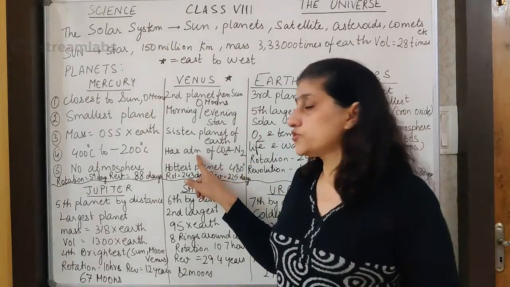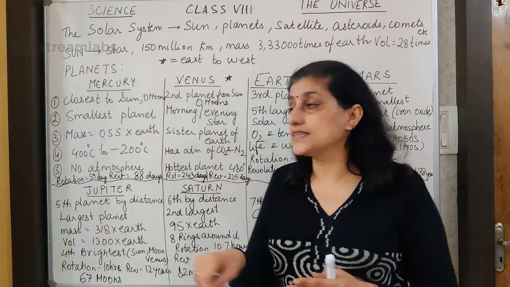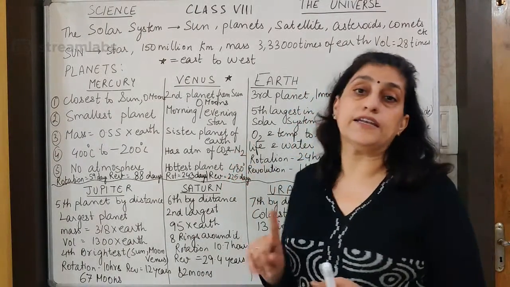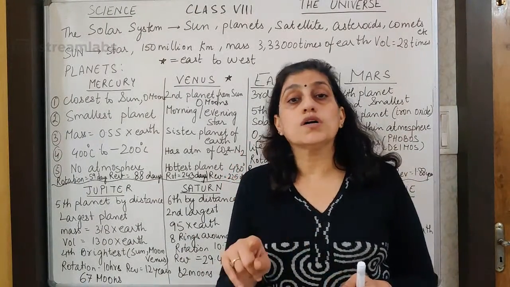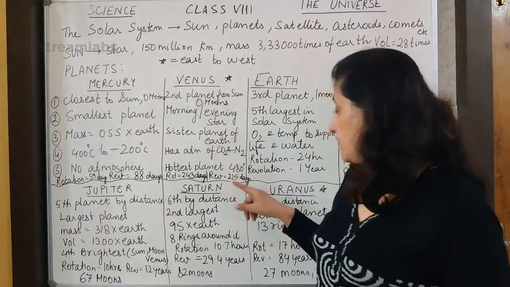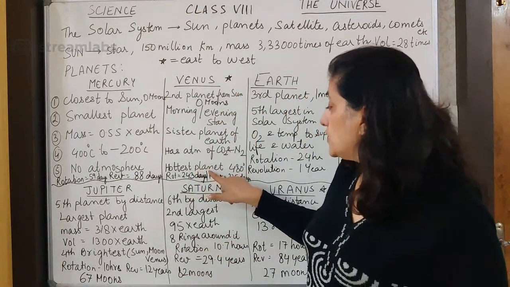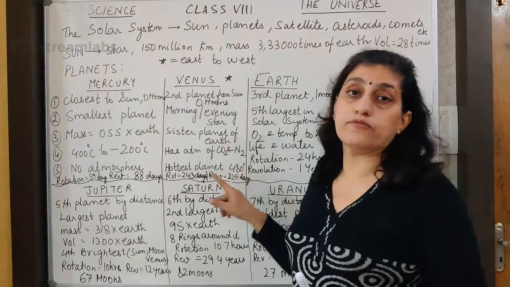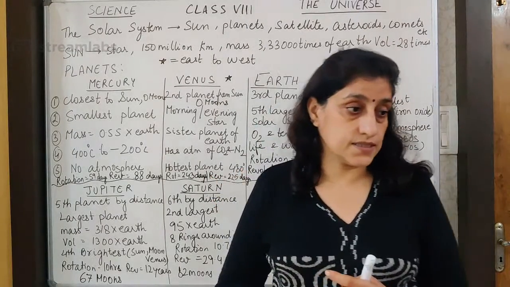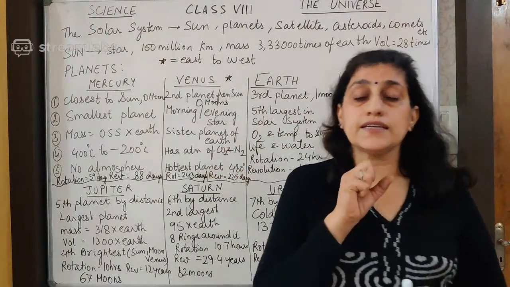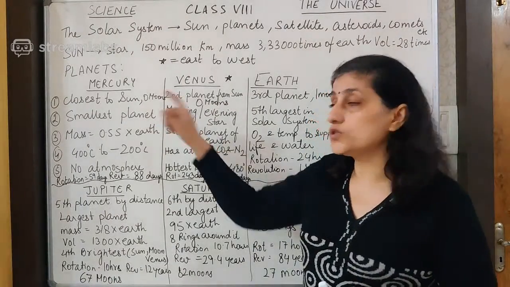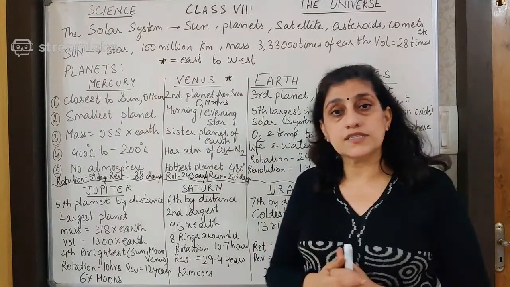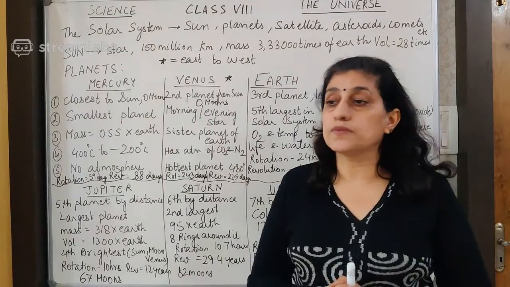It has an atmosphere, but it has gases like carbon dioxide and nitrogen in it. No oxygen, therefore no life. Venus is the hottest planet, with a temperature going up to 480 degrees Celsius. Now you must be getting a question in your mind: closest is Mercury, but hottest is Venus. How is this possible?